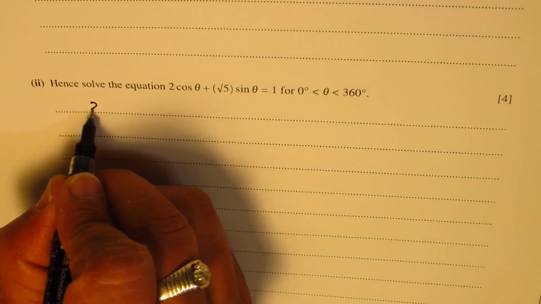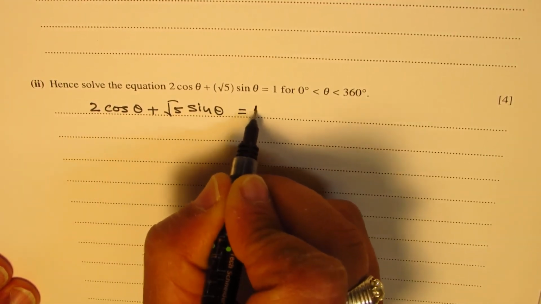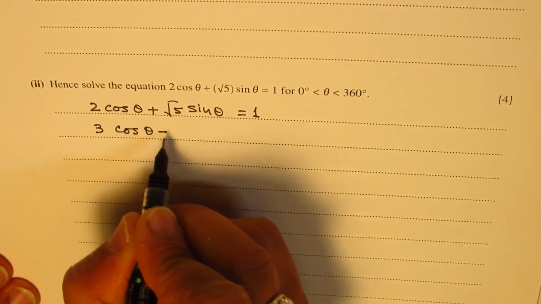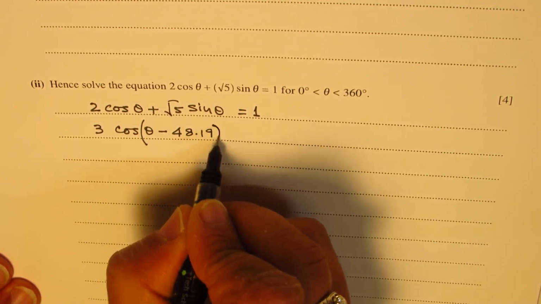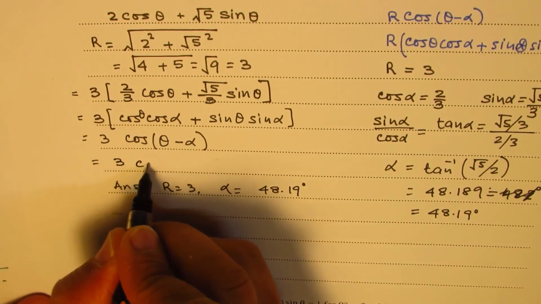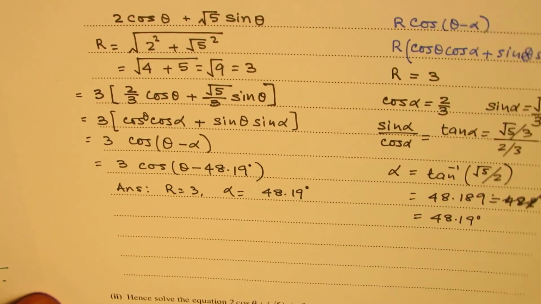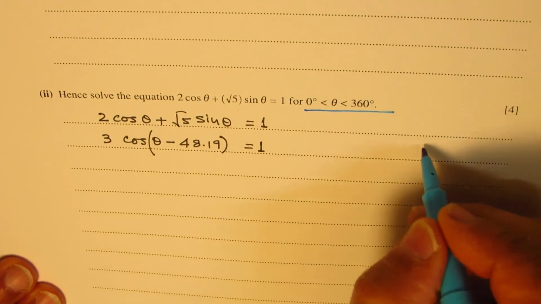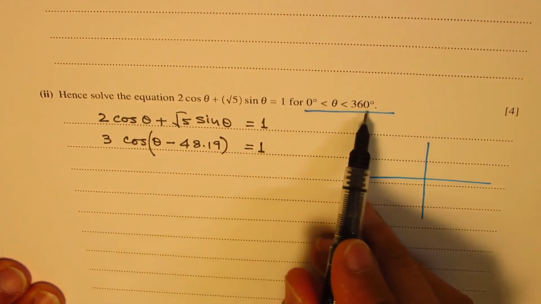We just found that 2 cos theta plus square root of 5 sin theta, which we want to equal 1, is basically equal to 3 times cos of theta minus alpha, with alpha value 48.19 to 2 decimal places, equals 1. So let me write down the answer clearly as 3 times cos of theta minus 48.19 degrees equals 1. Now, within the interval 0 to 360 degrees, cos is 1 at theta equals 0 and 360 degrees.